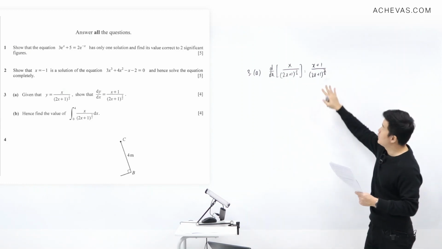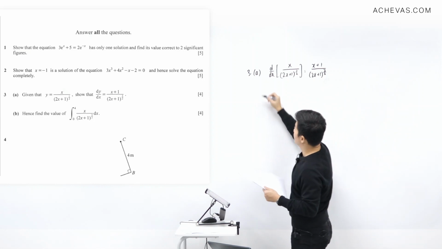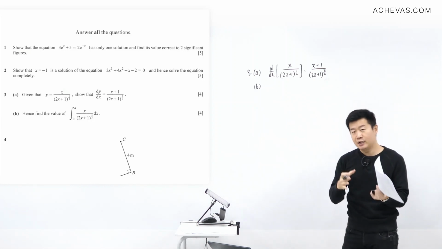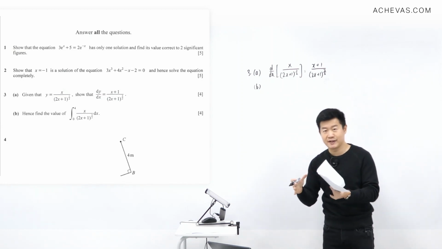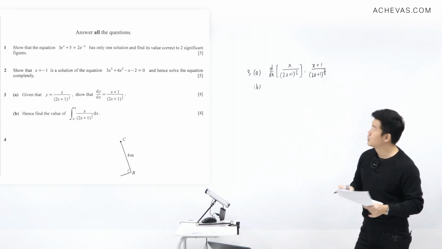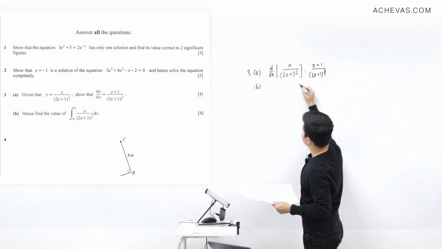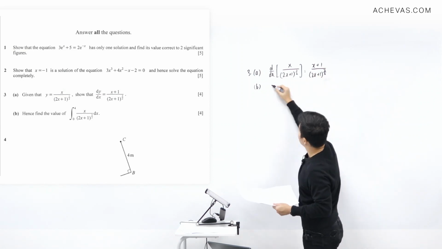So from part A, we have gotten this. So if I were to work on part B, which is an integration question, and integration is supposed to be reversing the process of differentiation. So if I were to do that and applying an integration to the right-hand side and the left-hand side, on the right-hand side, I'm going to write down this, okay?